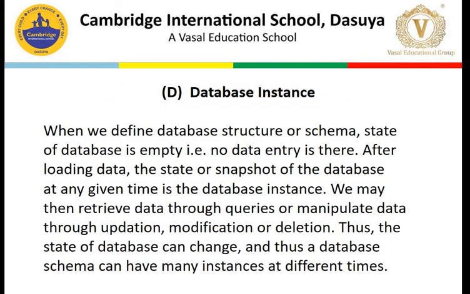So then, students, the final term that we will describe is database instance. We can define a database structure or schema. The state of a database is initially empty. When we define the database structure or schema, our database is initially empty.